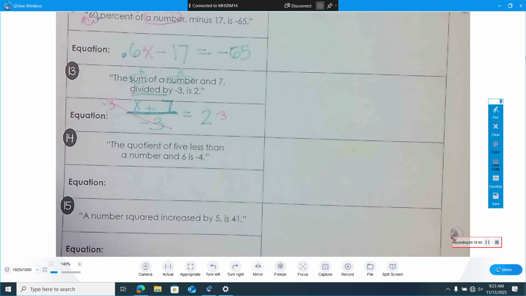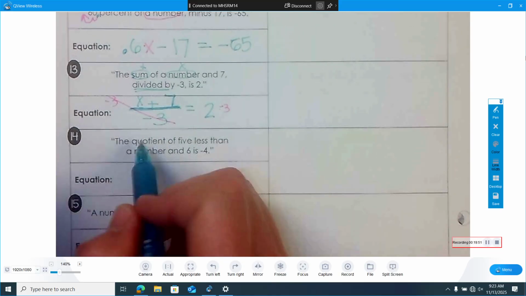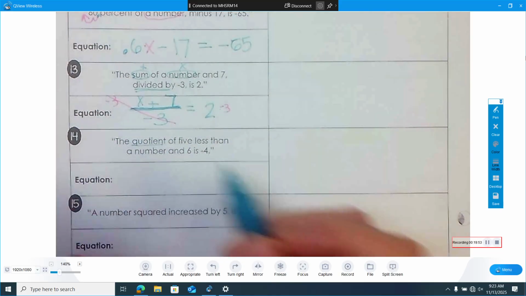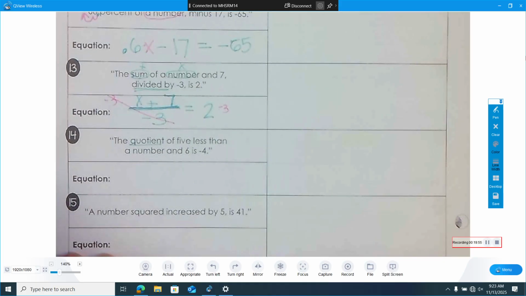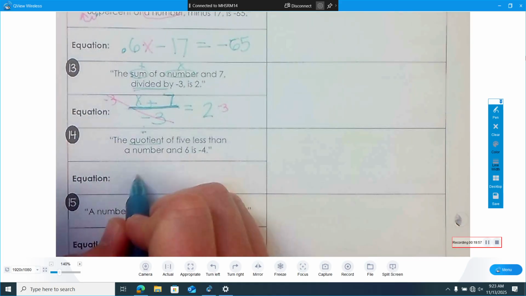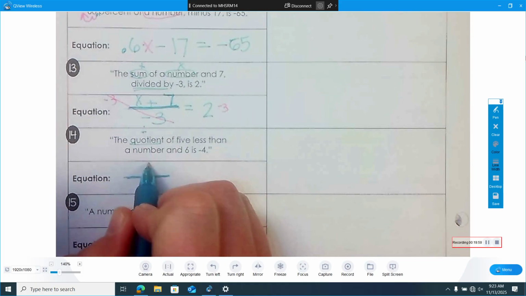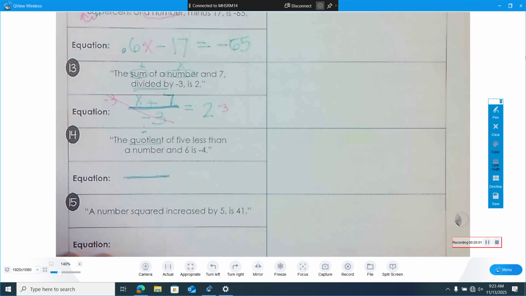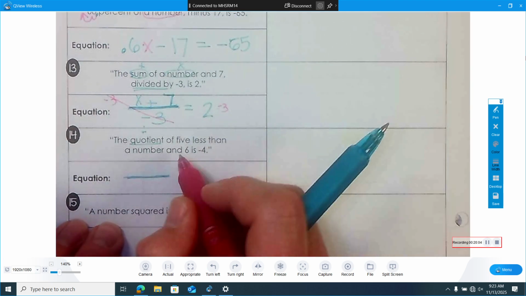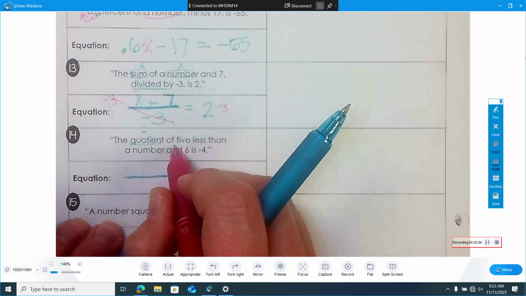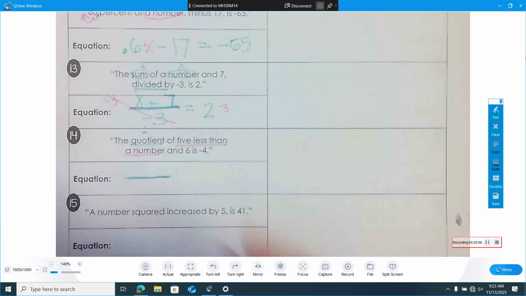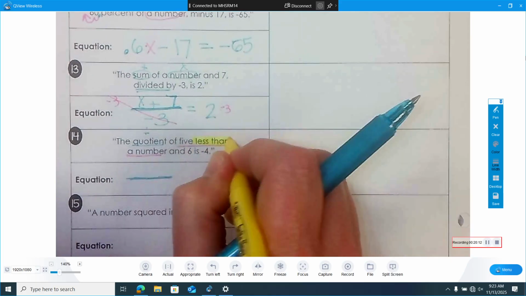Number 14 is another one, the quotient. What's a quotient? Dividing, yeah. So again, we have a quotient. So we have a top and a bottom. What should we put on top? So 5 less than a number, very tricky, less than, is a turnaround phrase.